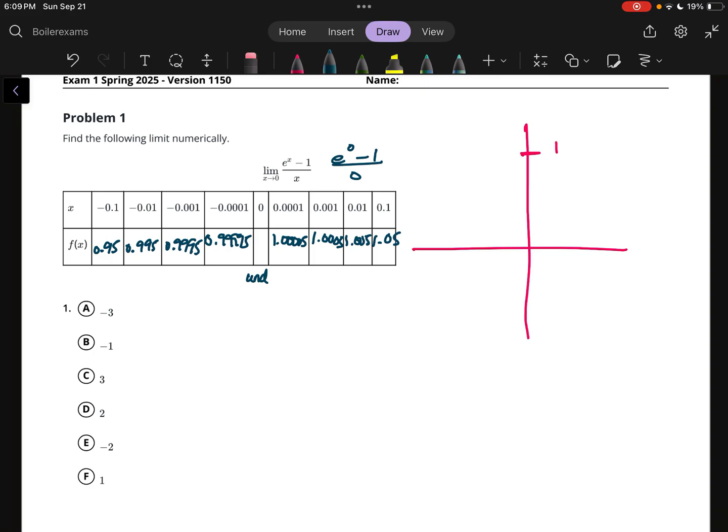Our function is approaching 1, and actually at that point there's a hole, because the function is undefined, and then it continues to rise. Even though the function is undefined, we're looking for the approximate behavior, and we can see that the function approaches 1. So the answer is F.